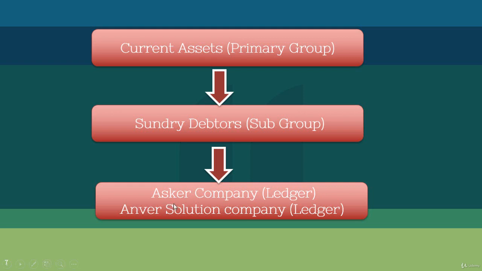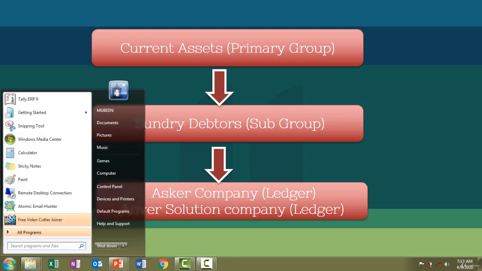So Asker Company is one of the debtors, and we have to create its ledger. As well, Anvil Solution Company is one of our debtors. We have to create it. So this creation is called ledgers, right? Now we are going to look at what the ledger is, and what the subgroup and the primary group are. Okay, I'm going to open the Tally software.